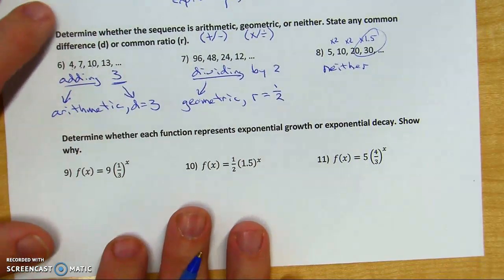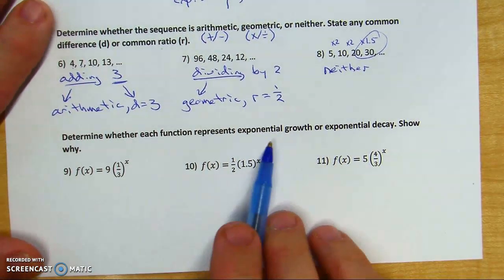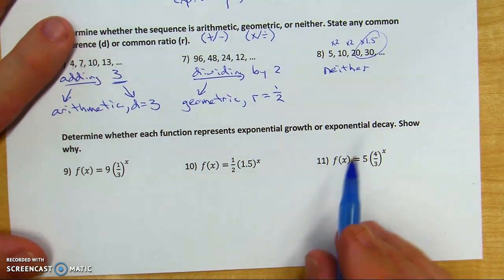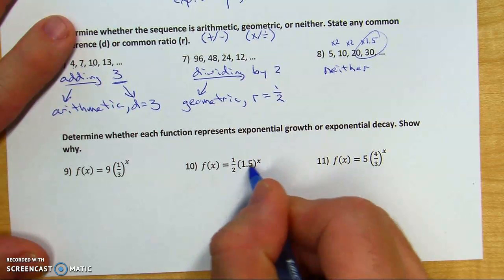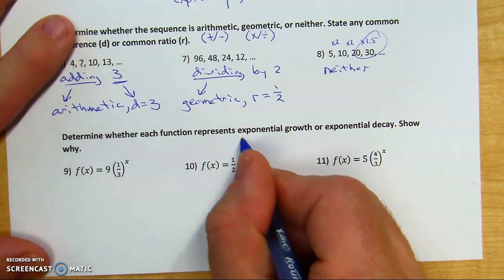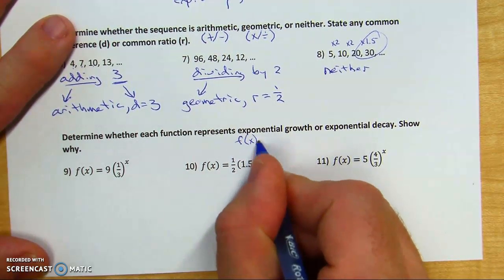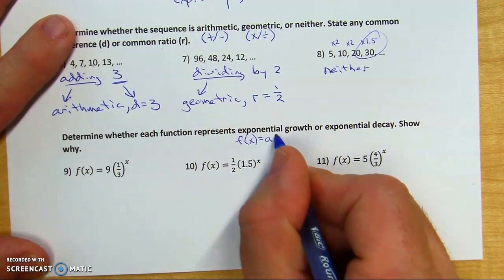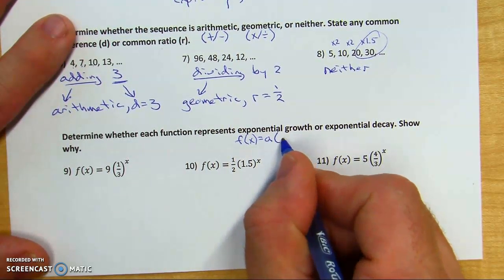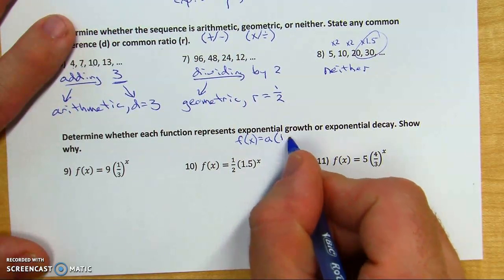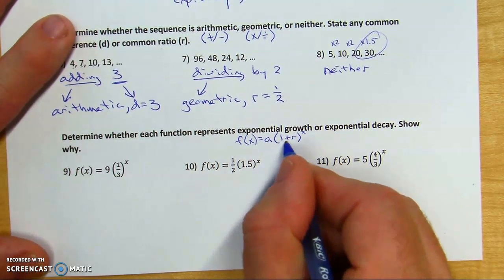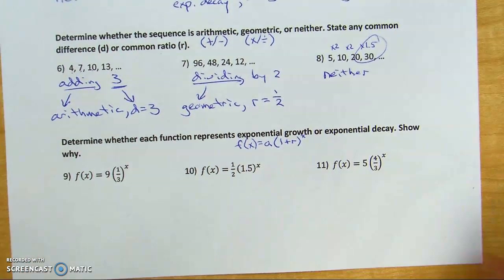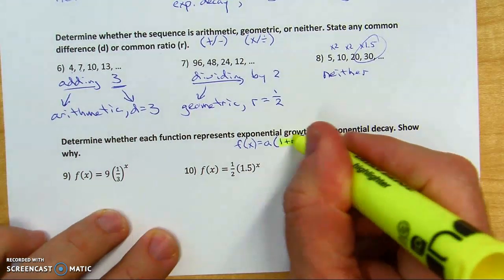And the last part on this review, we have to identify if it's growth or decay, and you really just have to look for the number inside the parentheses. So you're going to have in all of them f of x is equal to some number, I'll just call it a, and then let's just call this 1 plus r to the x. But basically, it's this right here. We just have to look at this.